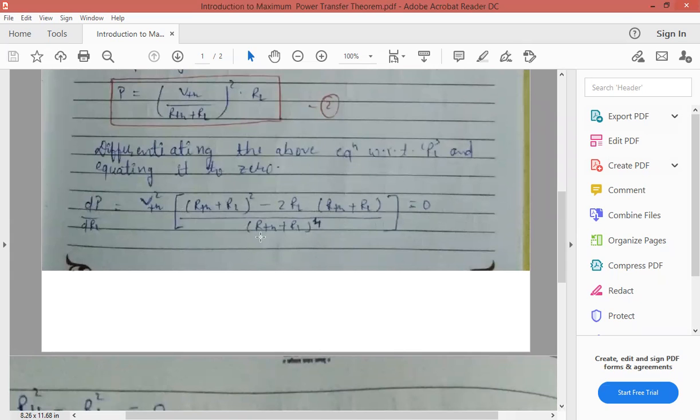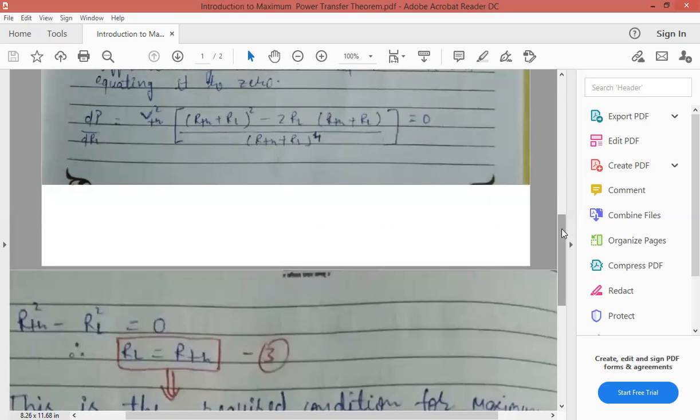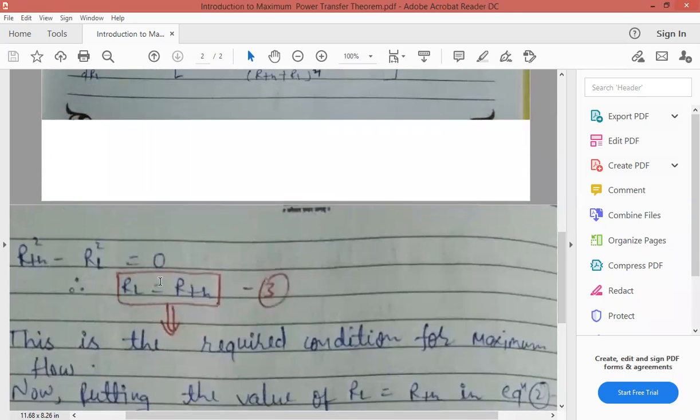After that, we multiply by RTH plus RL whole power, and we get RTH plus RL whole square minus 2RL into RTH plus RL equals 0. When we solve that equation, we get RTH square minus RL square equals 0. It means RL equals RTH.